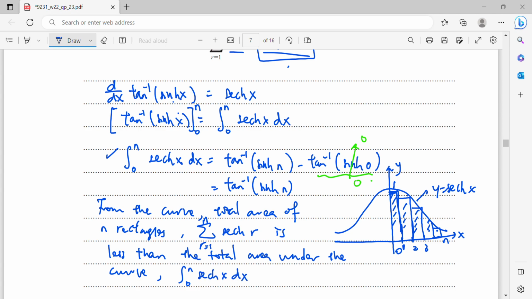Here is sech 1, sech 2. That's why sech r from 1 to n, because of n rectangles.